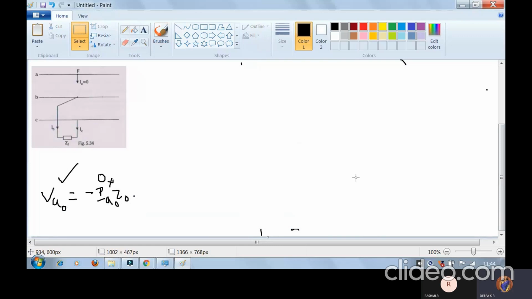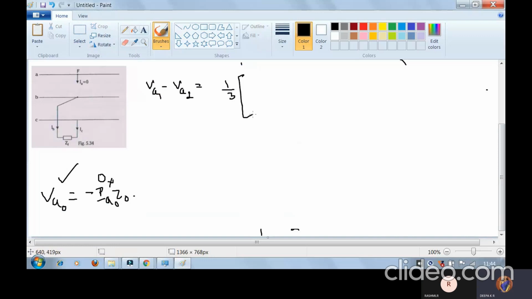VA1 minus VA2 we can write directly, or you can do it separately. First I'll take VA1, the positive sequence, minus the negative sequence, VA2. As usual, 1 by 3 is common for both.